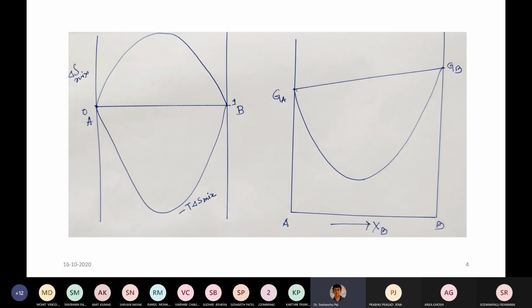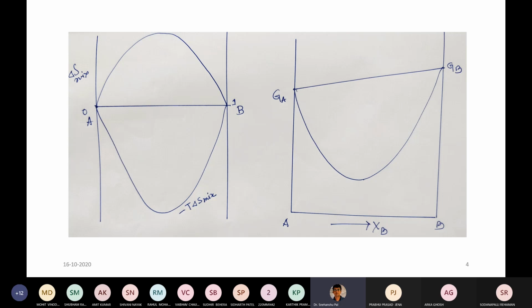Why is it so? Because Xa and Xb are less than unity, and you are considering del S mix equal to minus R (Xa ln Xa plus Xb ln Xb). So if you plot del S mix with respect to Xa or composition, it is always going to be positive.